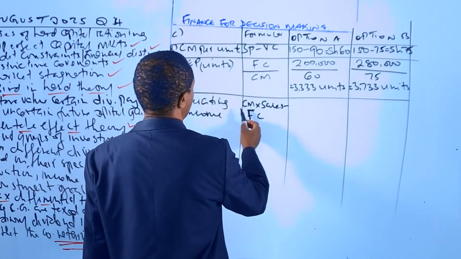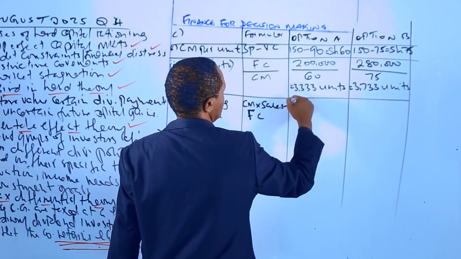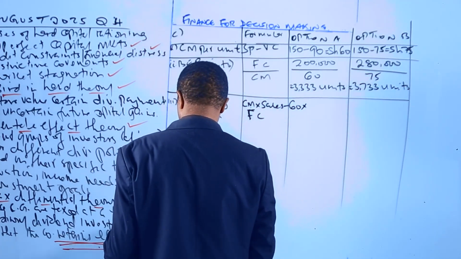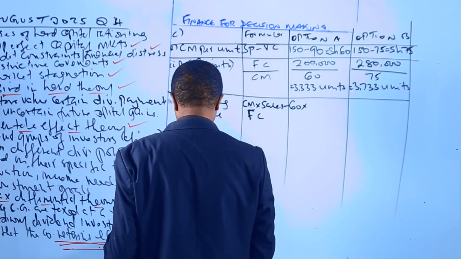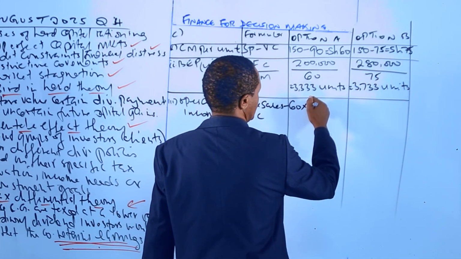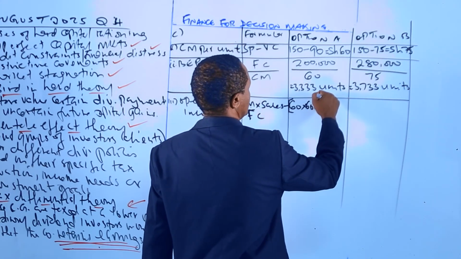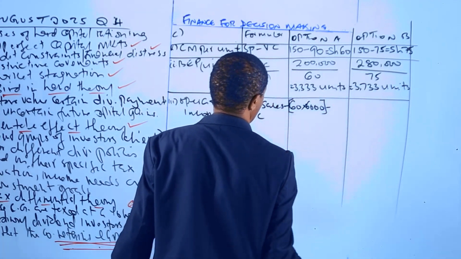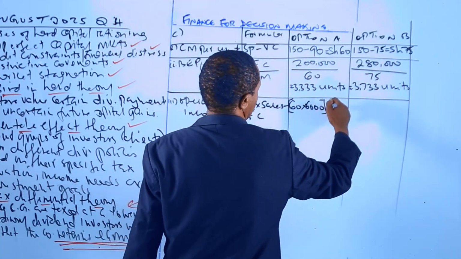So the contribution for option A, we have it here. This is 60 shillings times expected sales. From the question, expected sales is 6,000 units. The company is expected to sell 6,000 units. This will give us the contribution. Then we deduct the fixed cost for option A, which is 200,000.